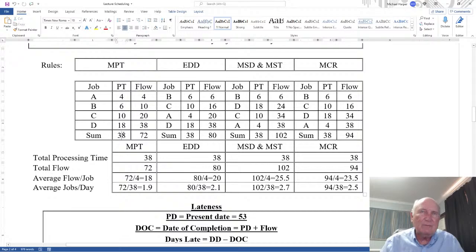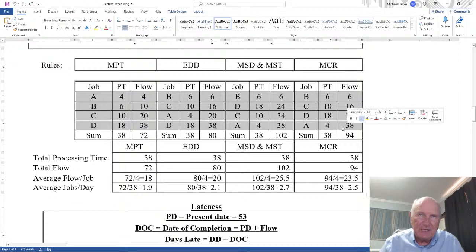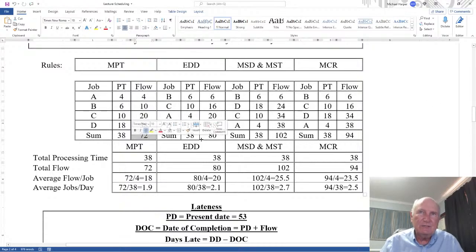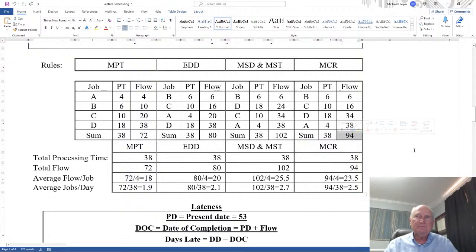The processing time could be said to be independent of the schedule. It doesn't matter what the schedules are, the processing time is always the same. The flow time is dependent on the schedules. Different schedules can give you different flow times.